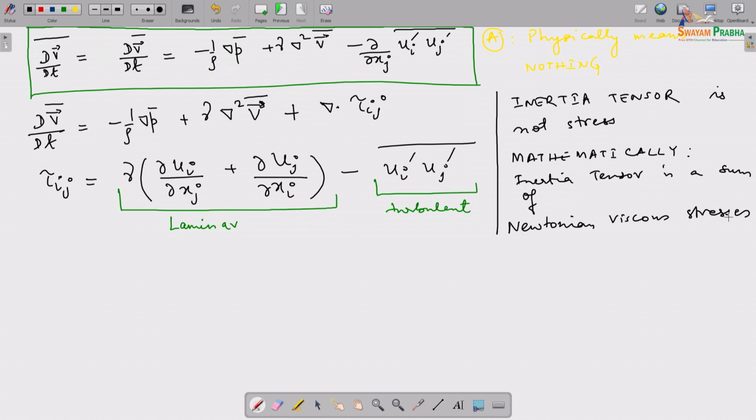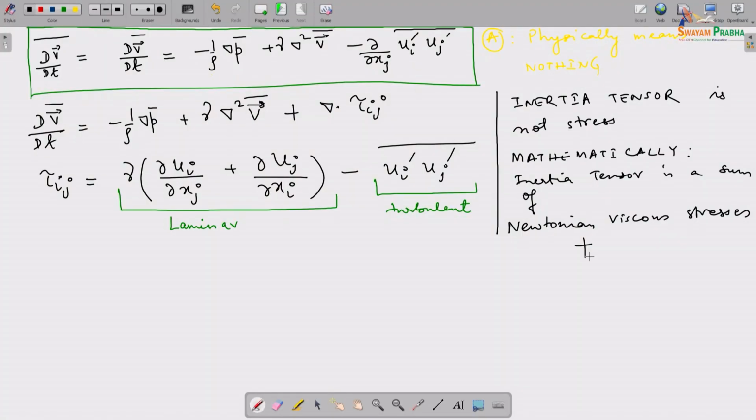Because stress is proportional to strain, right. What you see here is strain, del u del x is the strain, and then you multiply with the viscosity coefficient, and that is what is giving you the stress. You can figure out the dimensions of this, and that should match that of a stress, which is Newton per meter square.